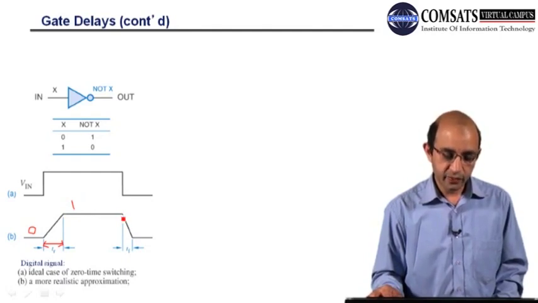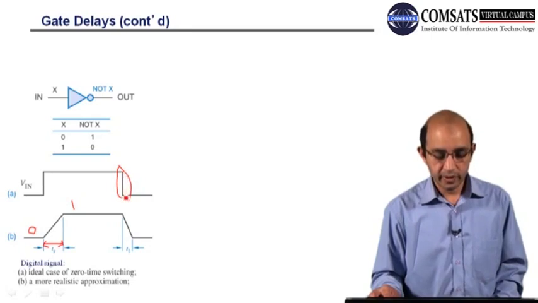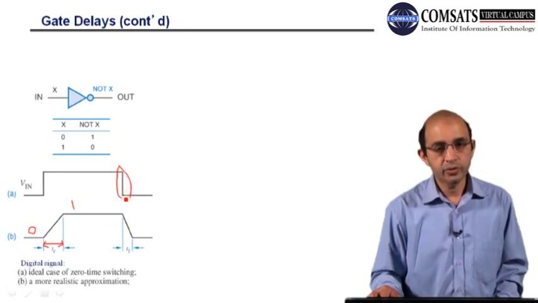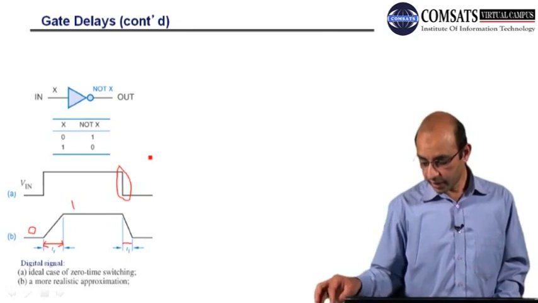Then we switch from 1 to 0. Here you can see there is no switching delay; it goes to 0 immediately. But here we have a fall time delay, which is represented by TF, and we normally call this the fall time delay.